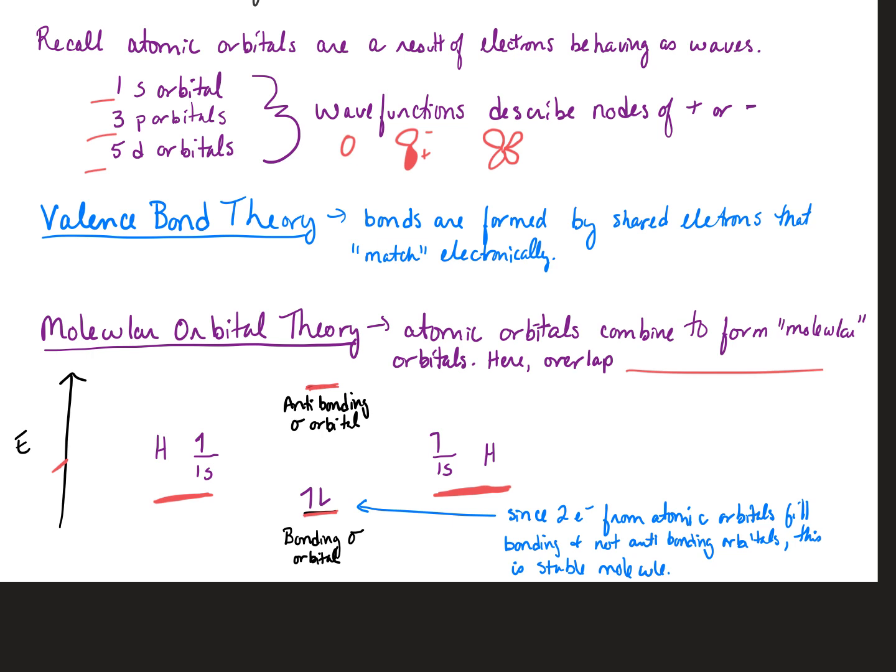So we fill things from the bottom up. We've got one electron here and one electron here, and we fill it with one electron up, one electron down. So this is filling this bonding sigma orbital. Since we fill that bonding orbital, that means that that is a stable molecule. And that's sort of how we approach molecular things from molecular orbital theory.